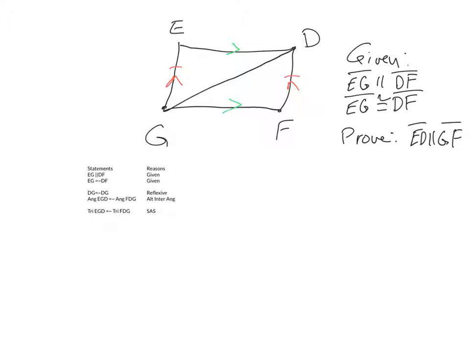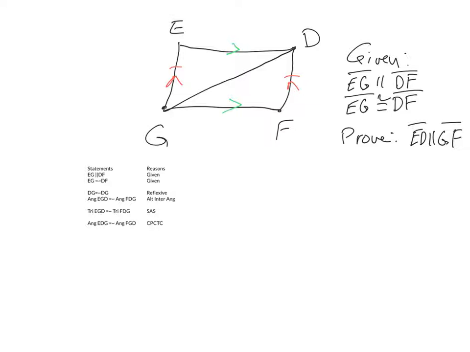Now I can say that angle EDG is congruent to angle FGD, and that's because corresponding parts of congruent triangles are congruent.